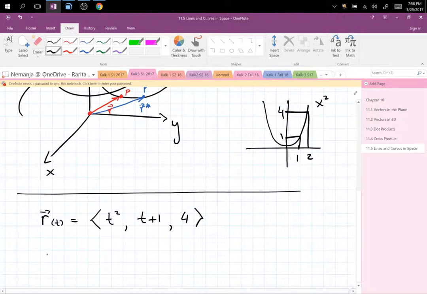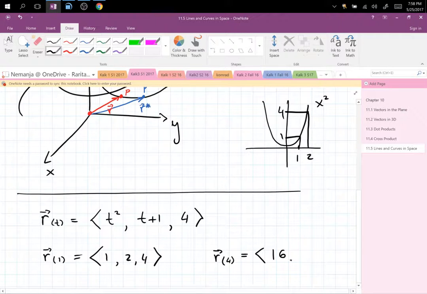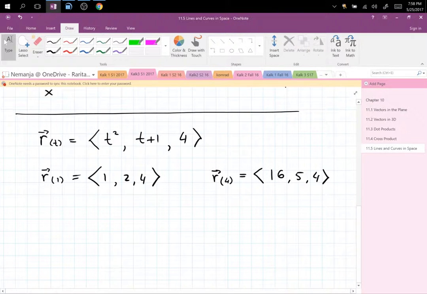So you can compute the point at t equals 1 as simply 1, 2, 4. You can calculate the vector at 4 as 16, 5, 4.